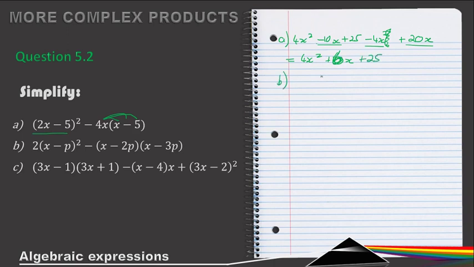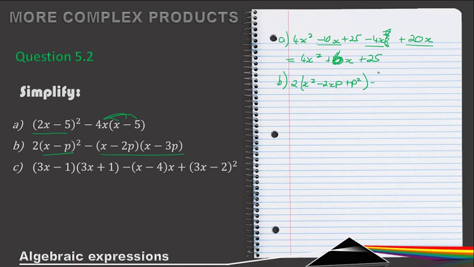For B, we have this that we first have to multiply out, and this one, keeping it in brackets because of this negative over here. So I have 2, then x squared minus 2xp plus p squared.